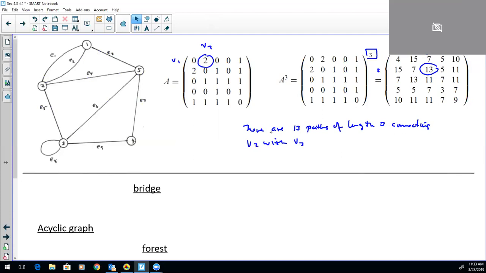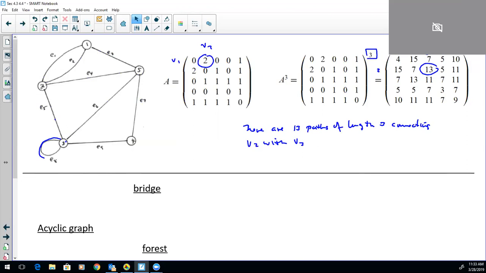Okay, now some of these are kind of strange paths because it would be 2 to 3, that's 1, around here, that's 2, and around there, that would be a path of length 3.